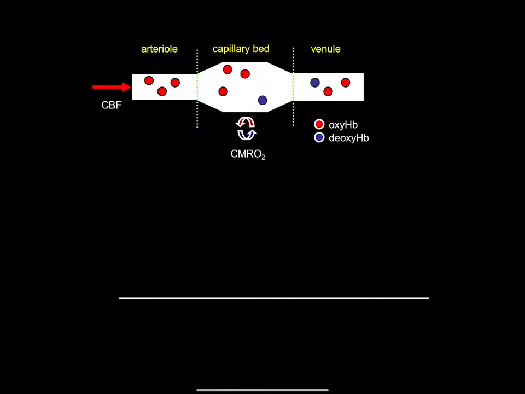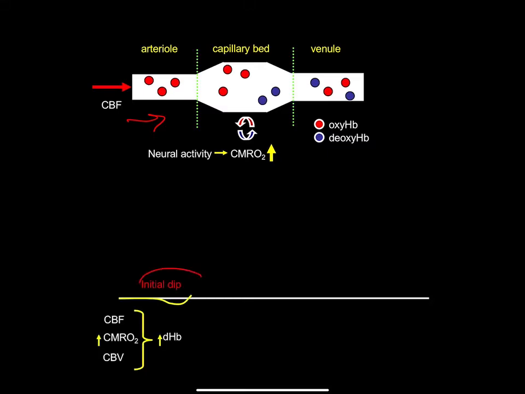This is a nice cartoon that one of my grad students did many, many years ago that helps get the point across. You have blood flow bringing in the oxygen. With neural activity, there's going to be an increase in deoxyhemoglobin, and that gives rise to what's called the initial dip, which you can see primarily in sensory areas like motor cortex and visual cortex.